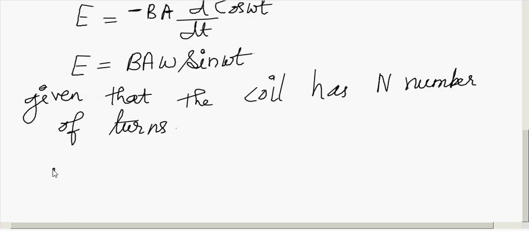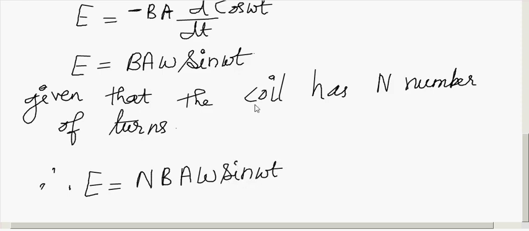Therefore E is equal to n into BA into omega into sin omega t. This is the EMF induced in one turn. If there are n turns, then the EMF induced is given by nBA omega sin omega t.